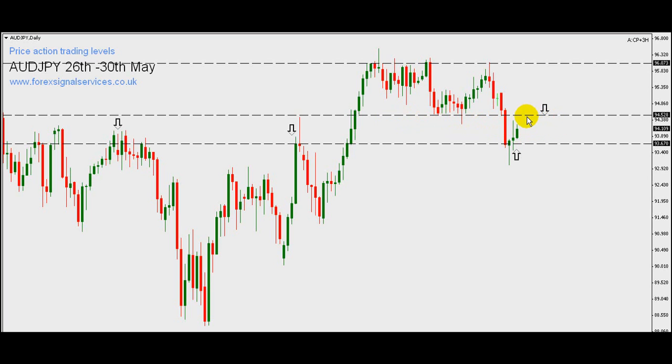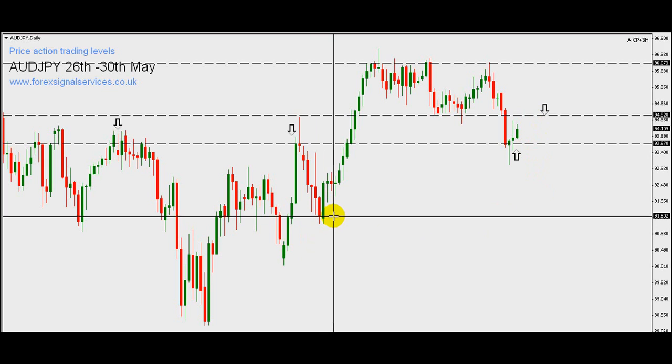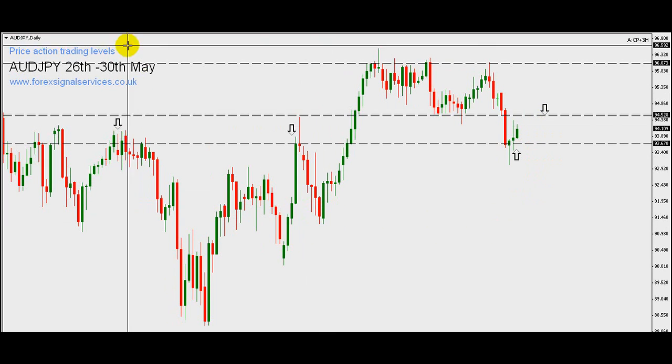So if we get up to this support area here and this turns into resistance at 94.52, then look for a bearish candlestick here to come down short, probably down to this level here.